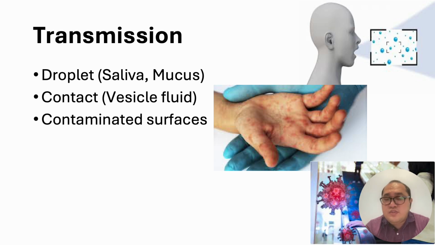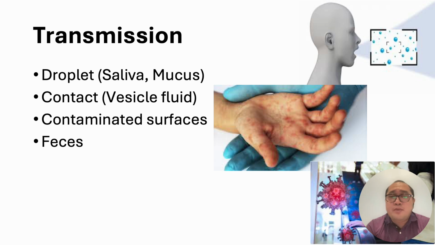So those are the surfaces where your enterovirus or your hand, foot, and mouth disease viruses can stay. And lastly, of course, feces, because again, it's an enterovirus. It can spread through your feces, which can last even for a few weeks.